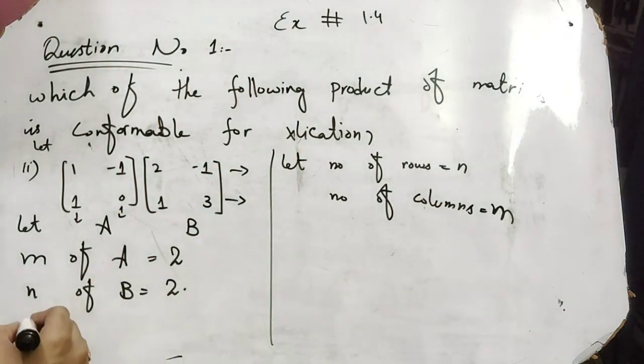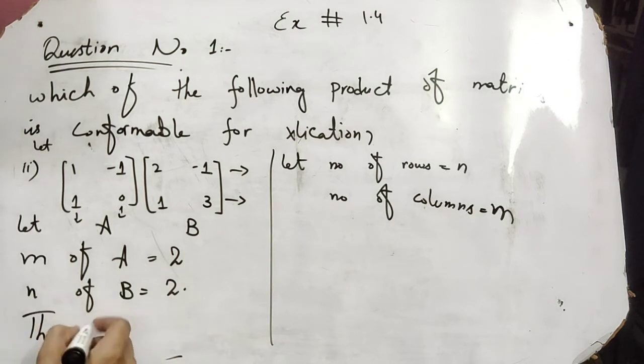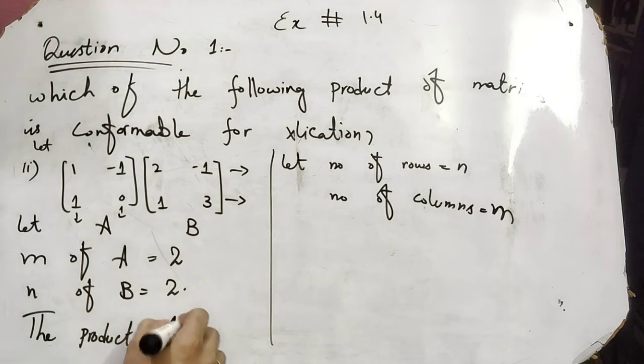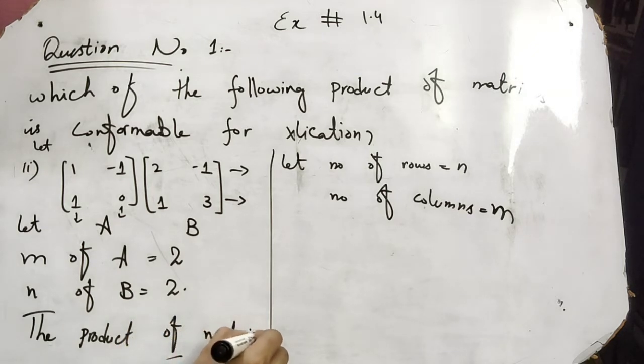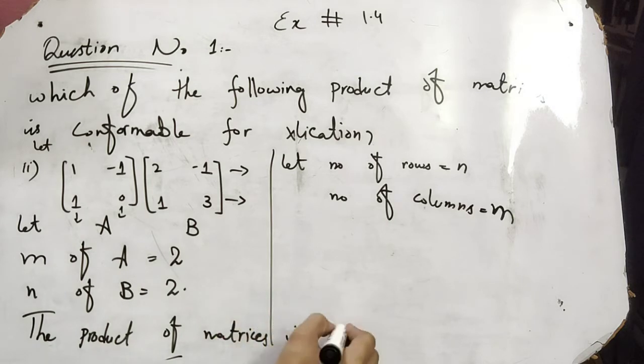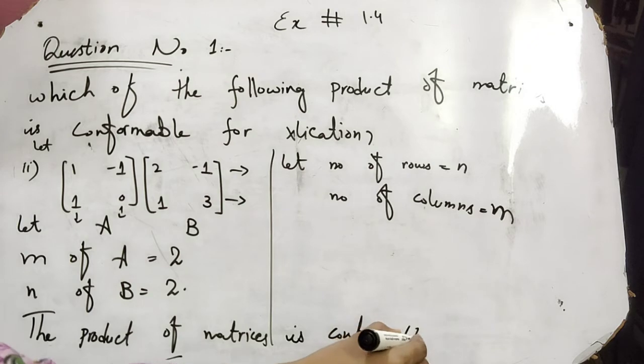So the product of matrices is conformable.